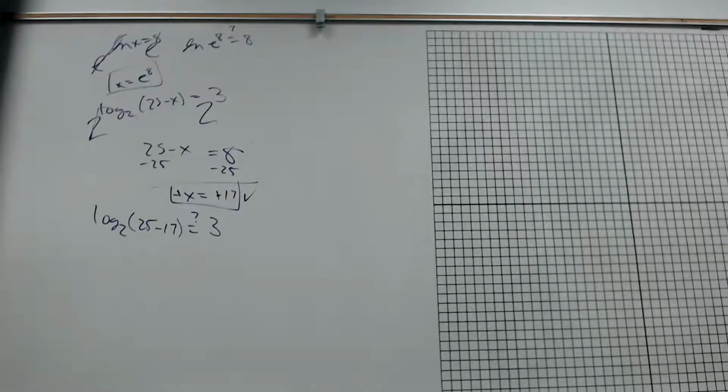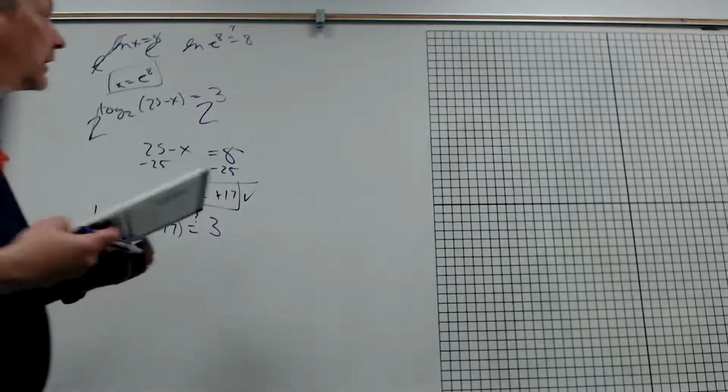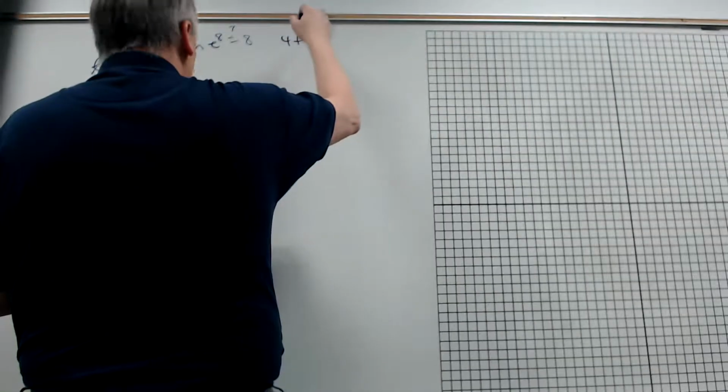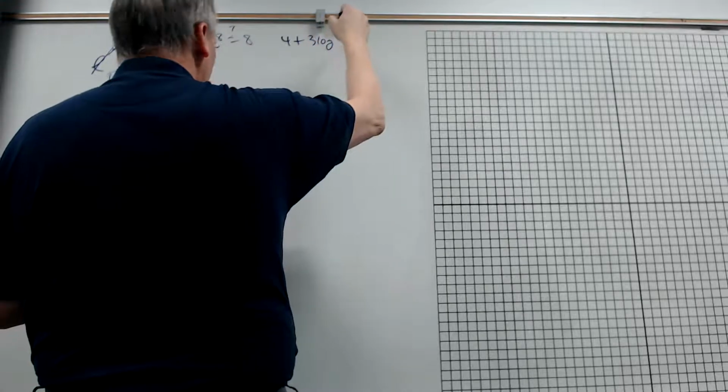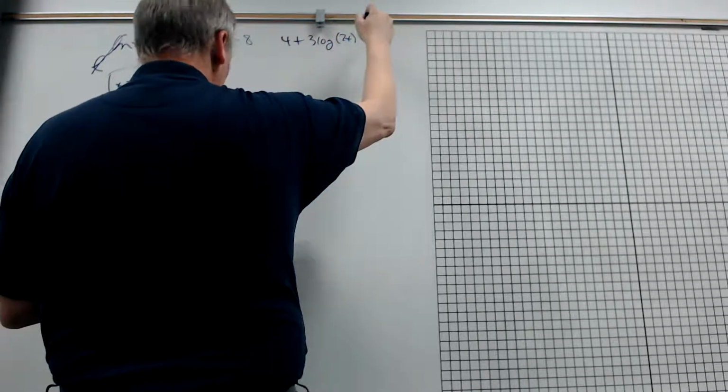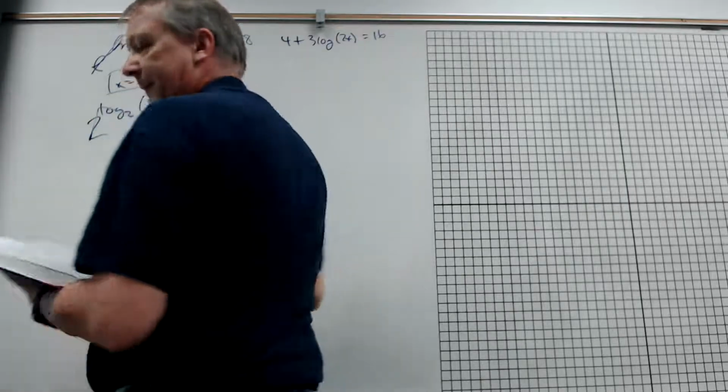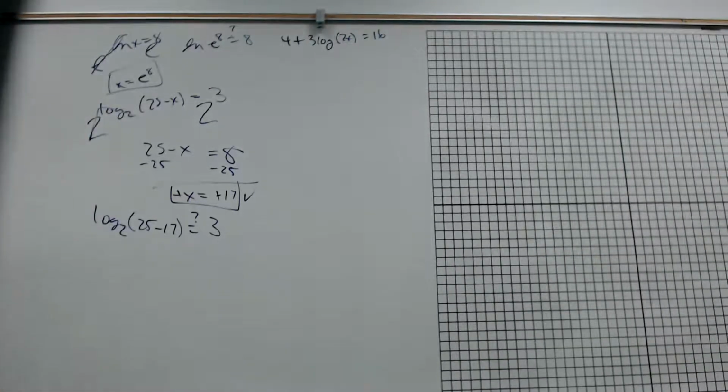All right, how about 4 plus 3 log of 2x equals 16. So it must be Jacob's turn. How would you solve this?